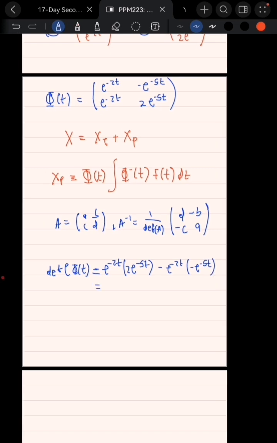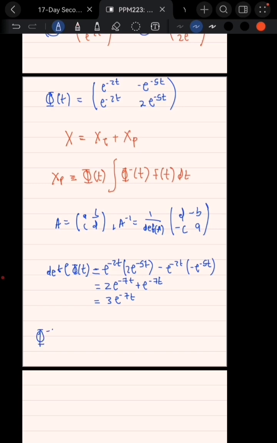This is equal to 2e to the power minus 7t plus e to the power minus 7t, which is then equal to 3e to the power minus 7t.